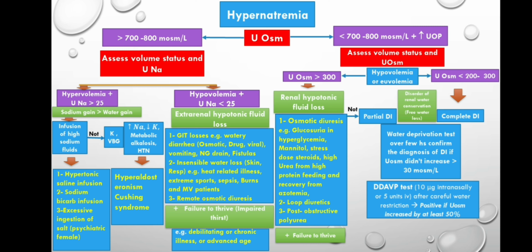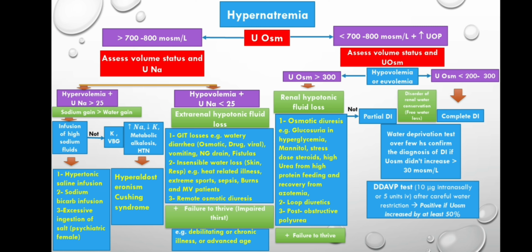This is nephrogenic DI. So if we do a desmopressin test, if we give the patient desmopressin, if the patient has ADH deficiency in central DI, the test will be positive. While if the patient has good ADH secretion and the problem is in the receptor, the desmopressin test will be negative.